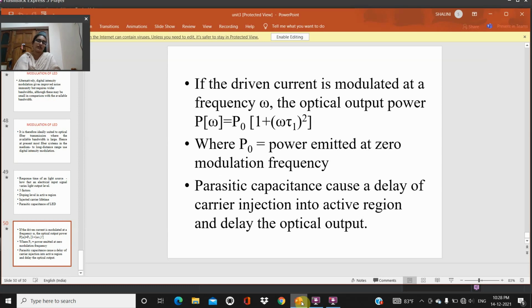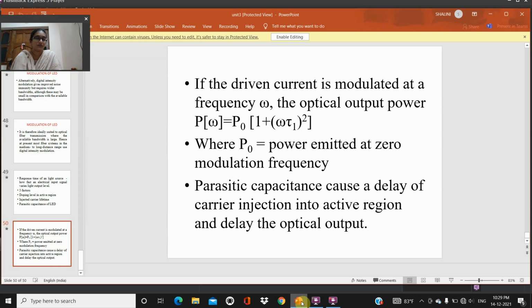If the drive current is modulated at a frequency omega, the optical output power is P omega equal to P naught divided by the square root of 1 plus omega tau squared, where P naught is the power emitted at zero modulation frequency. Also, the parasitic capacitances cause a delay of carrier injection into the active region and delay the optical output.